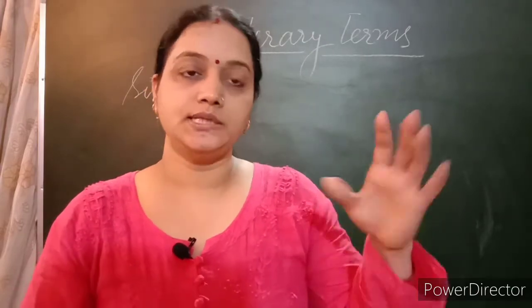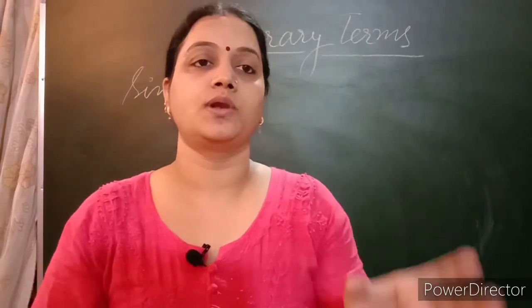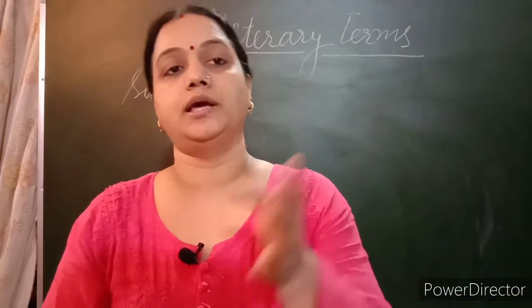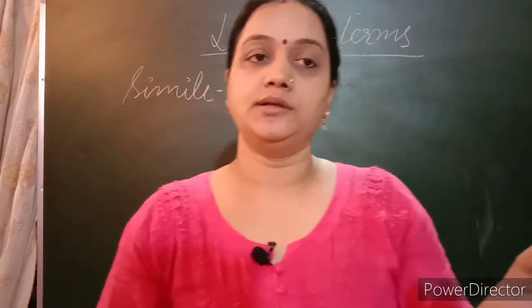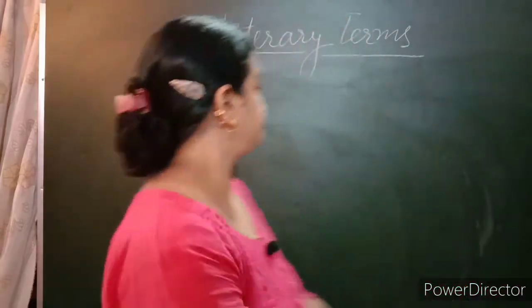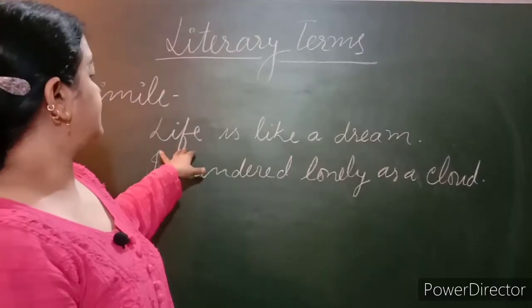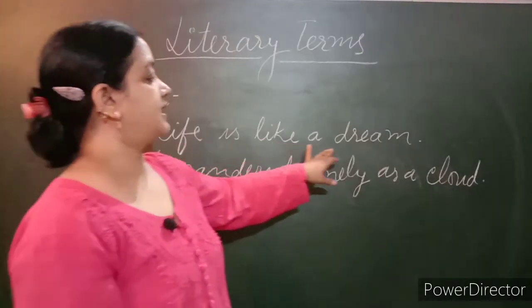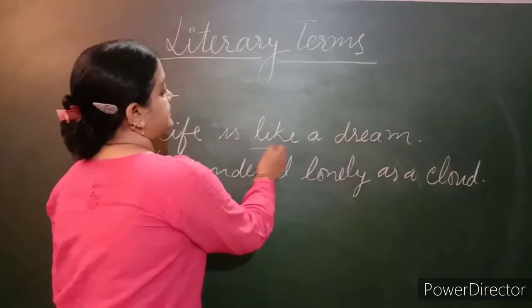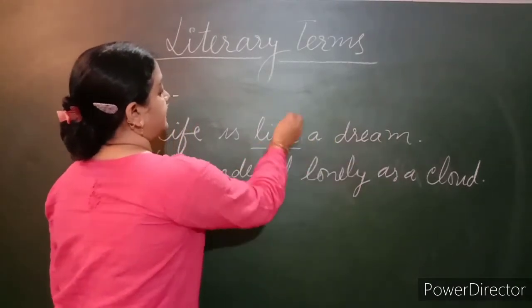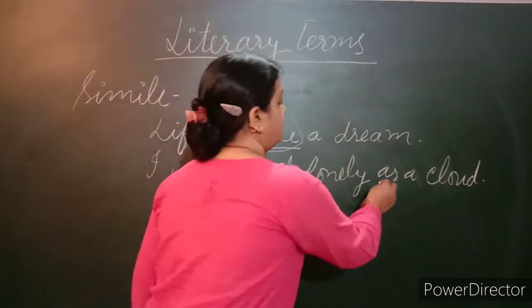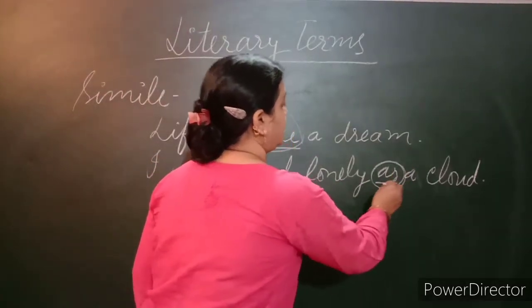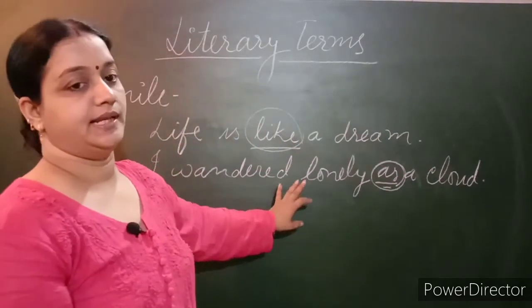In these examples, the use of like or as indicates that the figure of speech is simile. For example, life is like a dream. This like shows that there is simile. I wander lonely as a cloud, as shows that yes, there is simile.